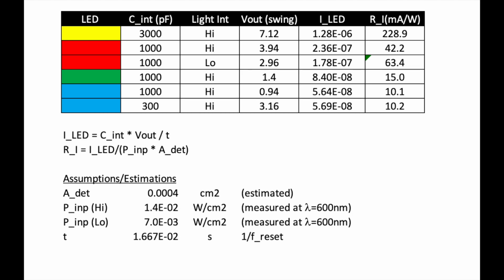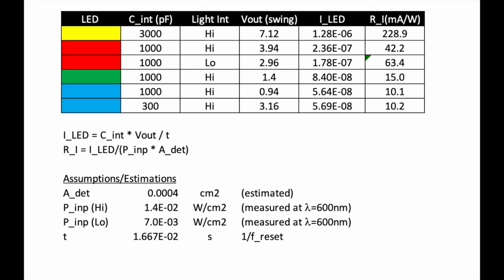I think the reason for the discrepancy is that I didn't do the experiment at the same time. I must have moved the light, or the LED position was a little bit different in both cases. So I don't trust these results, but it gives you a general idea that changing the light power should basically reduce the voltage swing correspondingly to give you the same responsivity.